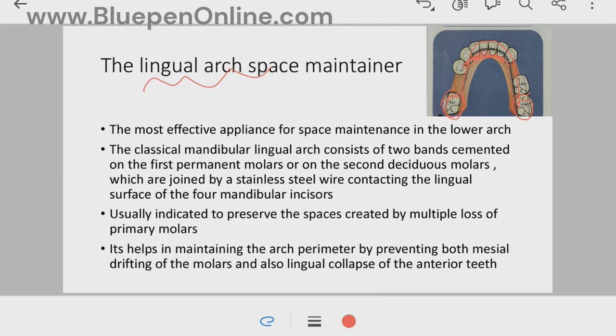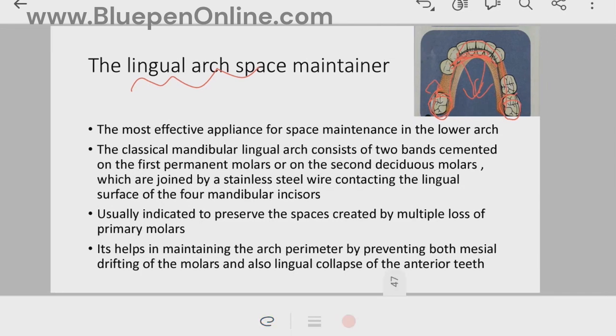If there are multiple missing primary molars, you can use this. This will maintain the arch perimeter by preventing both mesial drifting of the molar and also lingual collapse of the anterior teeth. So it prevents this movement of the molar, and also the lingual collapse of the anterior teeth.